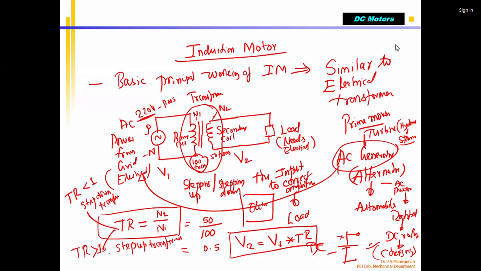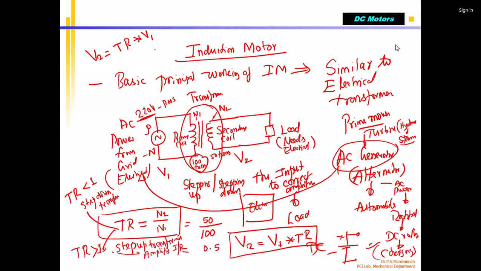That means a step up transformer will amplify the input voltage, or primary voltage, by the transformer ratio times. So V2 equals TR multiplied by V1, where V1 is the input voltage, the primary voltage which you are supplying from the grid.